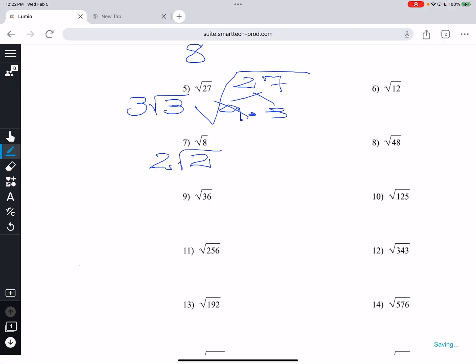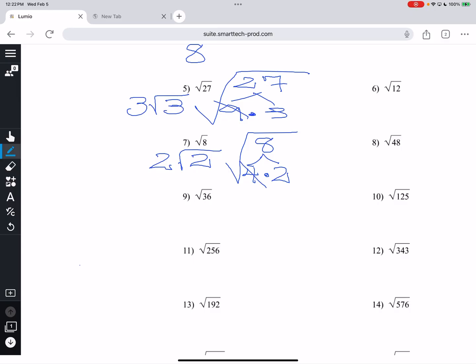So, if we have 8 underneath the radical, that breaks down to 4 times 2. Which one's a perfect square? The 4. What is the square root of 4? 2. So the square root comes out from underneath the radical.